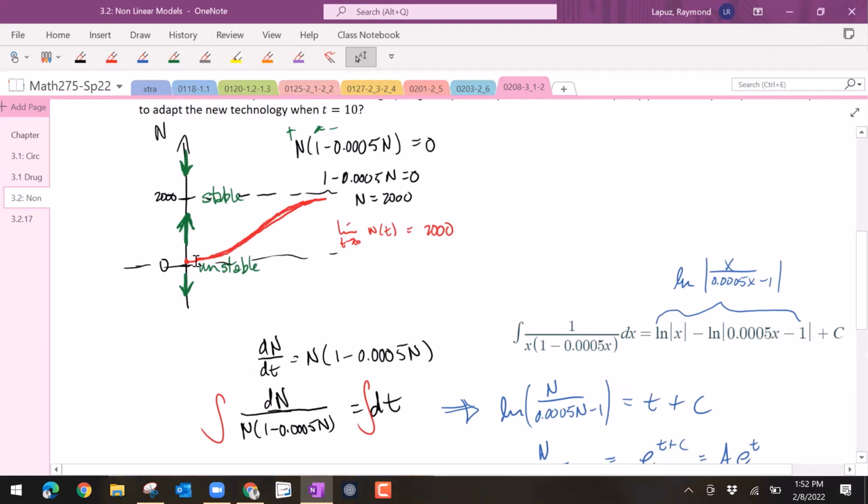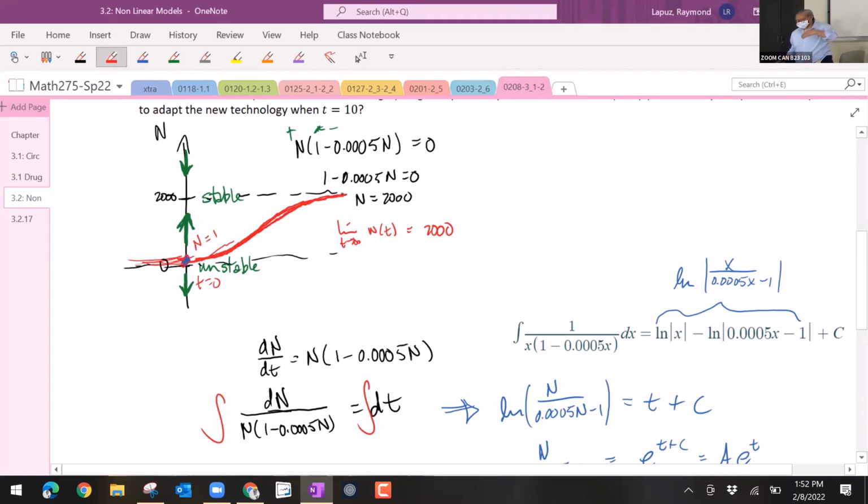And we also know that your starting point here is when t is equal to 0, n is equal to 1. That's your starting point. And we know that we have an asymptote at 2000, so it's going to come from an asymptote, and then it's going to go up, and then it's going to end in an asymptote.